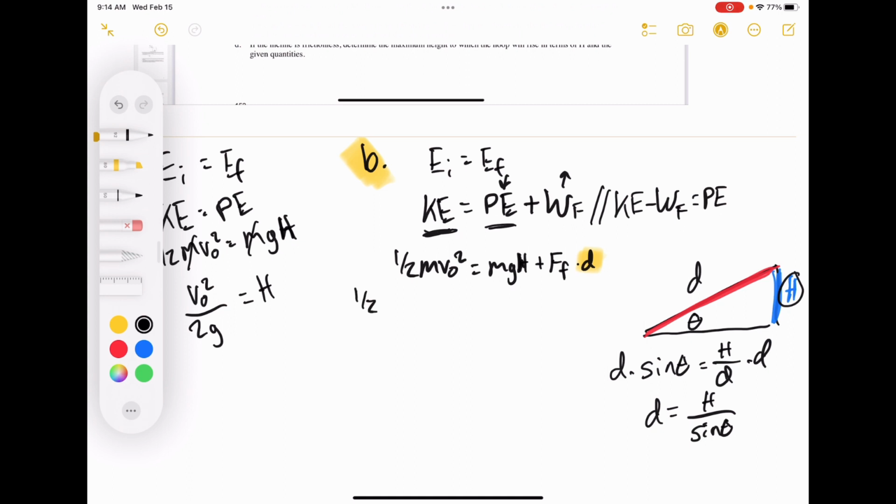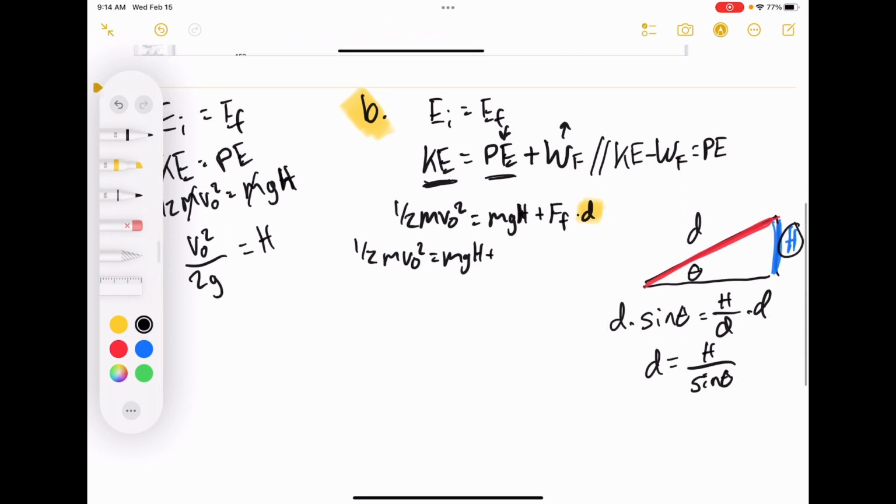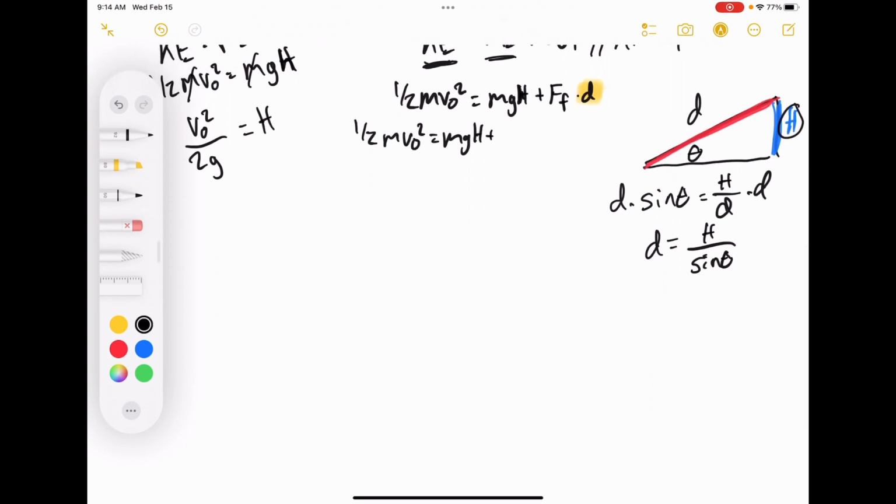So I'll have 1/2 m v naught squared equals mgH plus Ff. Well, I also don't have Ff, right? But I can find it. So let's draw a little free body diagram. This energy approach does end up using forces stuff as well, right? So mg, and then I have friction down the inclined plane, so that's Ff, and then I have Fn that is perpendicular to the surface.